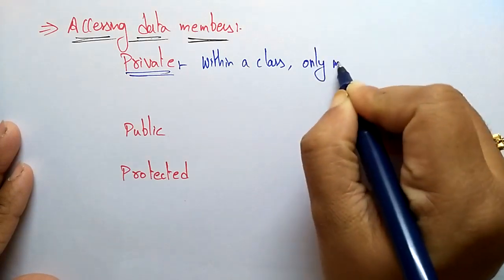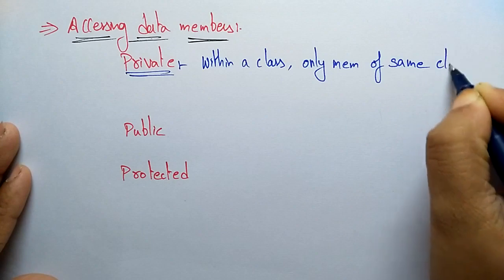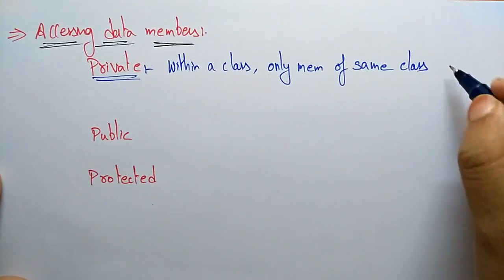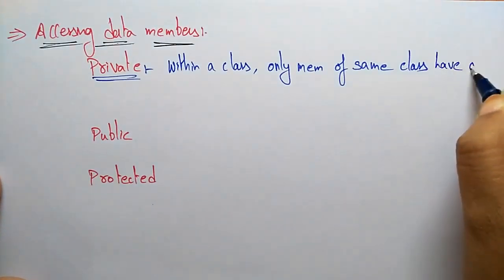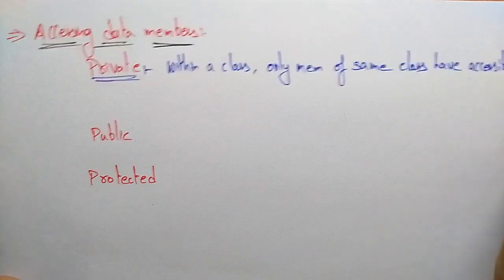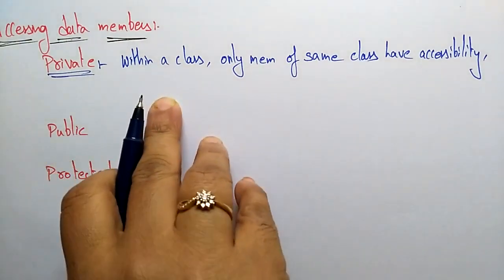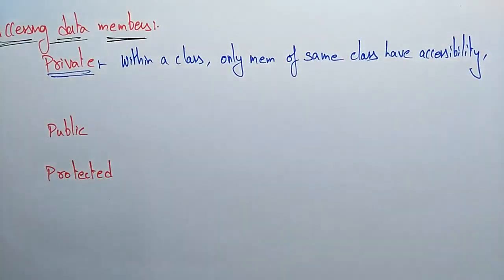Note this point: private means it should be within a class, and only members of the same class can access it, so it is inaccessible from outside the class.